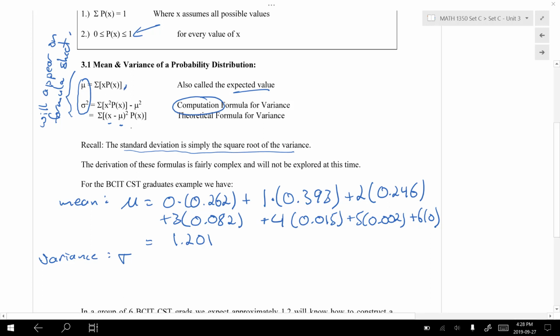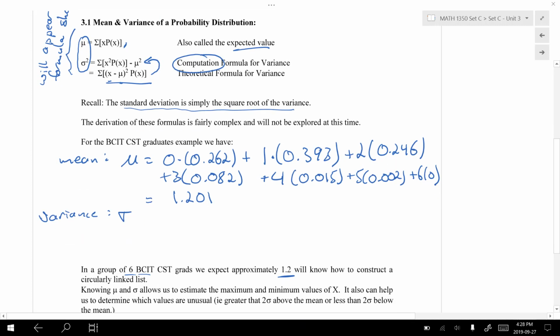We're multiplying by p of x and taking the sum. One can derive this, but it will take us a little too far afield to do that. So let's be content with this formula here. One can do a little bit of algebra. It's not hard, but again, it would take us a little too far afield, to put it into this more convenient form. The two are equal, they mean the same thing, but the computational one is a little bit nicer when you actually go to compute things. So let's use that, given that we want to compute.